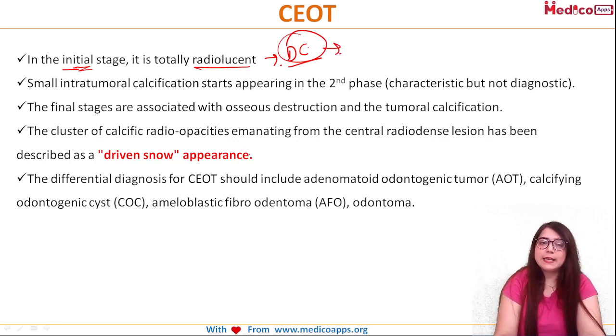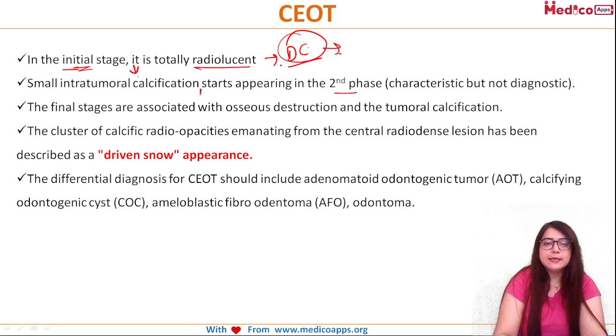Then comes the second phase. In the second phase, what you can see is intramural calcification, which starts appearing. But all these things are characteristic, but they're not diagnostic. Now in the final or later stages, what you can see is there will be osseous destruction and tumoral calcification. Now all these things will give rise to the snowdriven appearance.